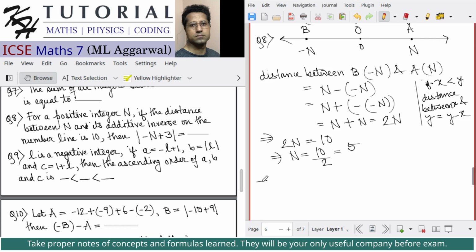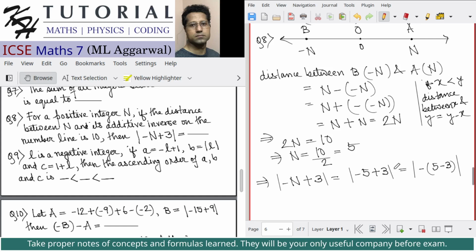Now what will be the value of the absolute value of minus n plus 3? Since n is 5, this is the absolute value of minus 5 plus 3. To find this, we have to first find the numerical value inside the absolute value notation.